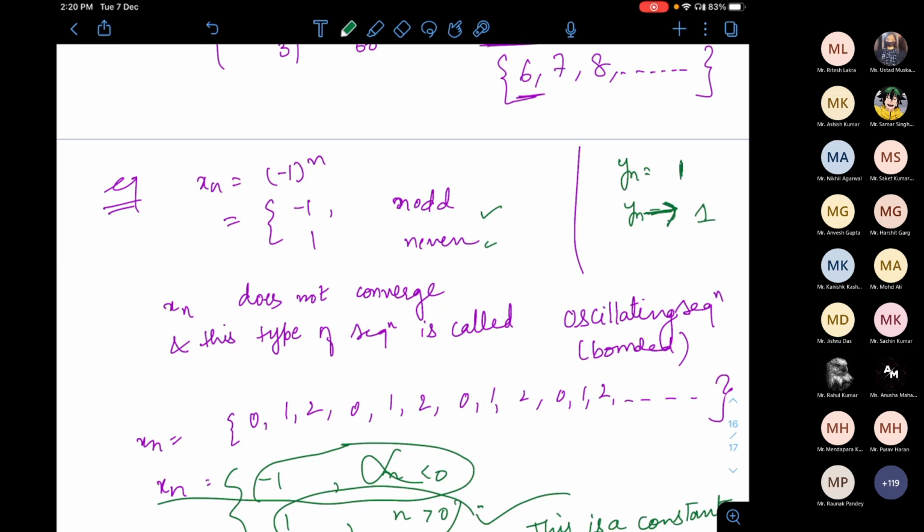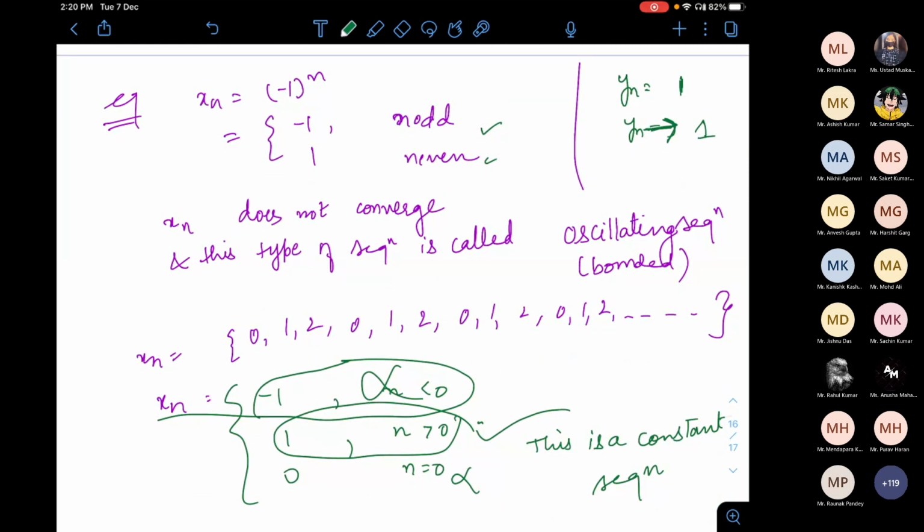We will prove this, don't worry. If we are getting two limits, then the sequence does not converge or we have calculated the wrong limit. Now, I define this type of sequence as an oscillating sequence because it oscillates between -1 and 1. I am saying this is a bounded oscillating sequence because the sequence is bounded.